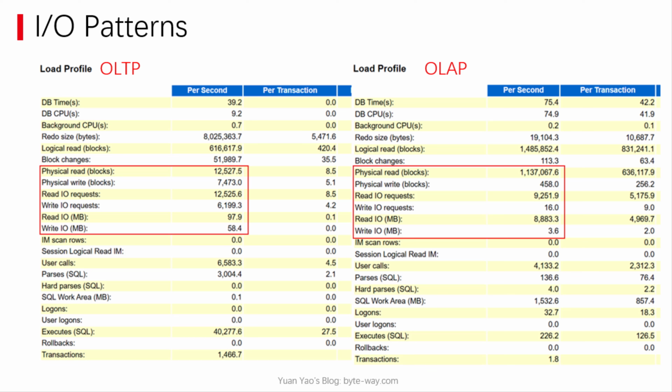When it comes to I/O patterns, OLTP applications are usually write-heavy, with lots of updates and inserts happening all the time. OLAP applications are the opposite. They are mostly read-heavy, doing big scans and aggregations across historical data.